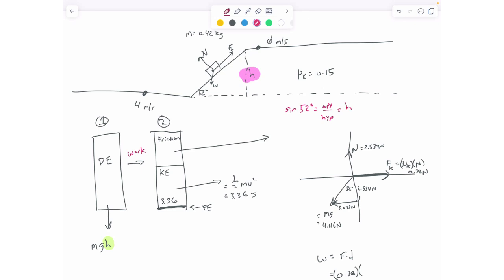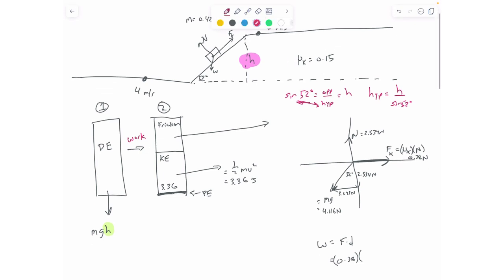So what I could do is just flip these, and then I could say the hypotenuse, which is what I'm looking for, the length of it, is equal to h over sine 52 degrees, right? That's how long it is. So the length of the hypotenuse is h over the sine of 52.